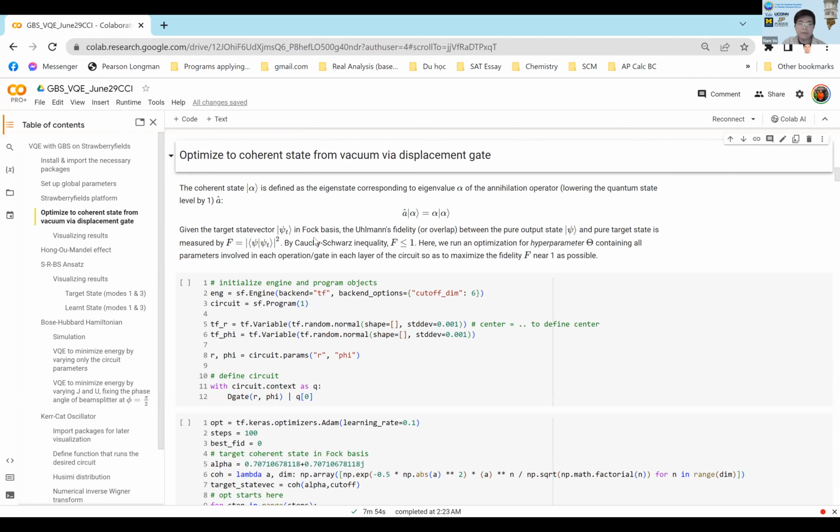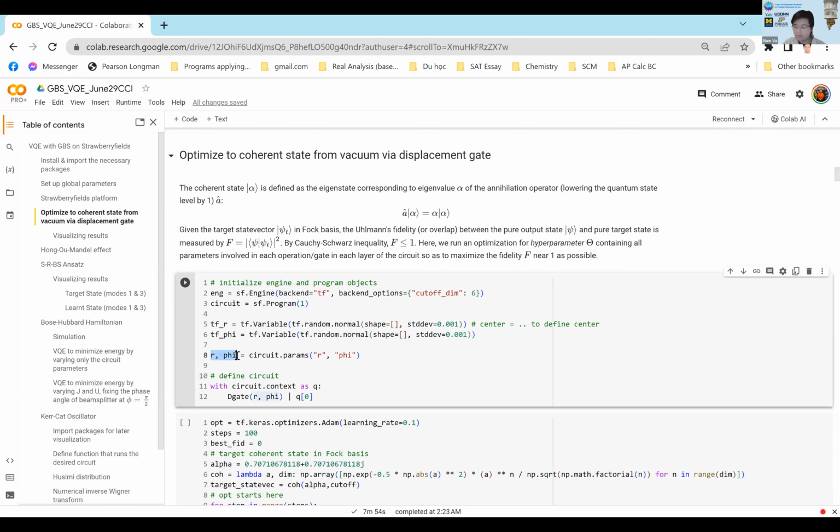Different from running Hamiltonian dynamics, here I don't pass in the parameters for R and phi directly into the displacement gate. Rather, I choose them randomly from a normal distribution centered at around 0 and pass them into the circuit. And then after I calculate the variables, I update these parameters for each step. That's what I mean by optimization.